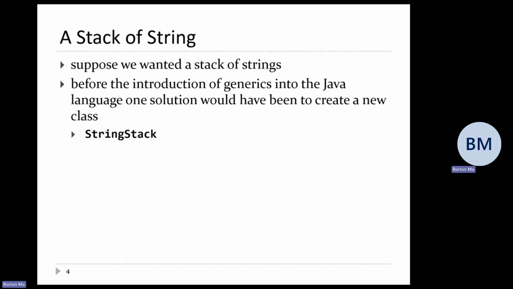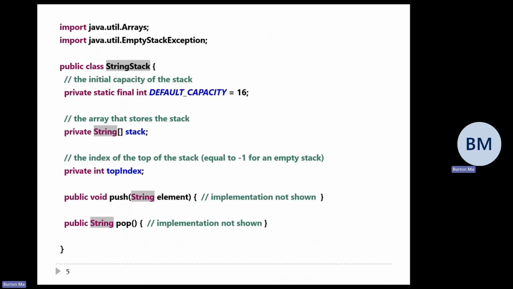Now, if you want a stack of strings and you don't know about generics, you're kind of stuck at this point. Before the language introduced generics, one solution would be to make a stack of strings. You would take your int stack class, copy it, or re-implement it to produce a stack of strings. For example, you can make a string stack class, which looks like that.